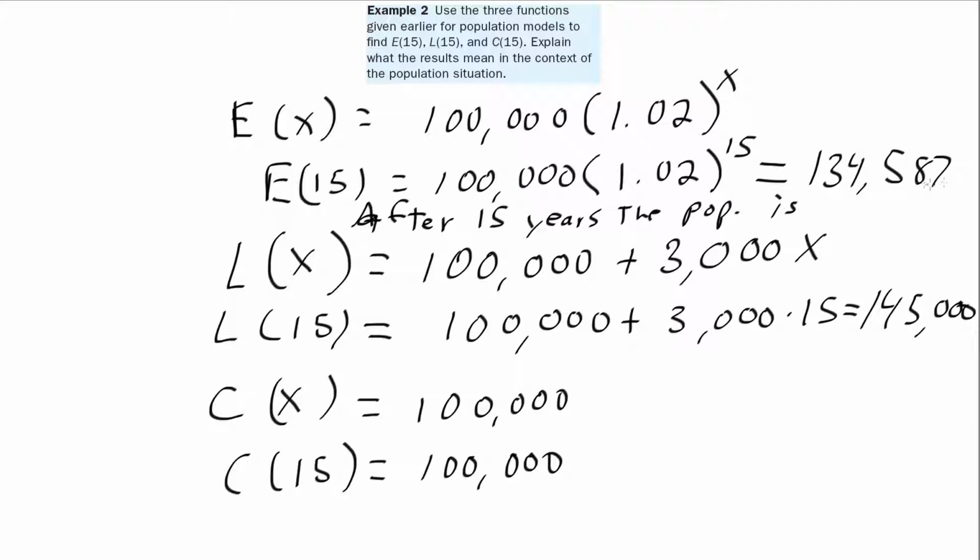That would be a good way to describe it. For the linear model, we could say that after 15 years, the population predicted by the model is equal to 145,000. And for the constant function, we could say that after 15 years, the population based on the constant model is predicted to be the same, or 100,000 people.